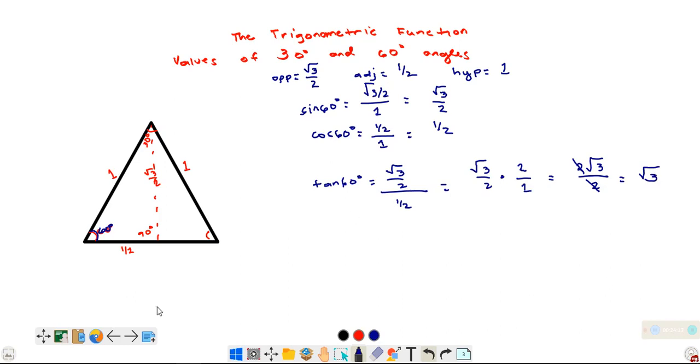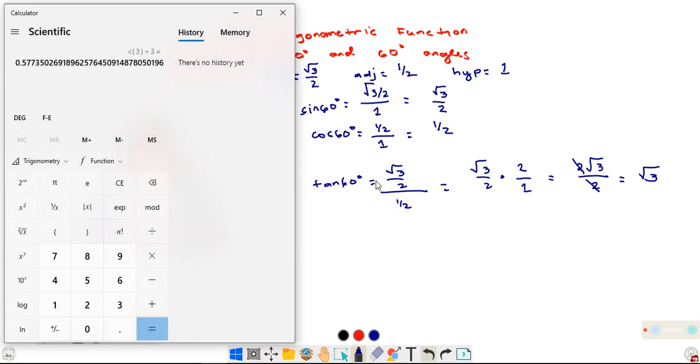Now, let's check if our values are correct. Sine 60, cosine 60, and tangent 60. So, 60 is the angle. Let's get its sine. We have 0.86. Now, let's check the value of square root of 3 over 2.